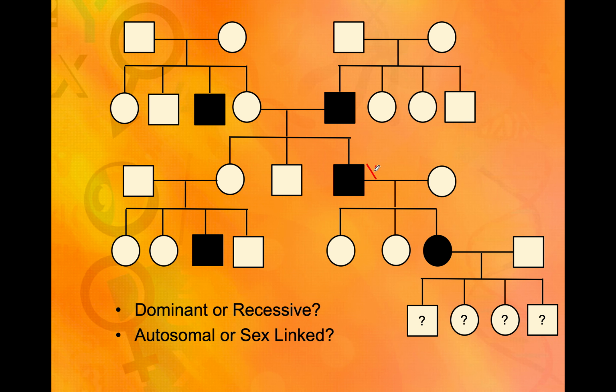So this would be dad. He has hemophilia. And this is mom. She could be a carrier. So this means that this woman here would be X lowercase h and X lowercase h.